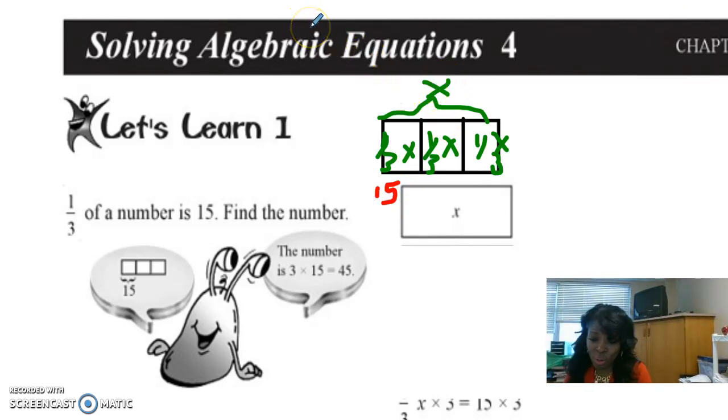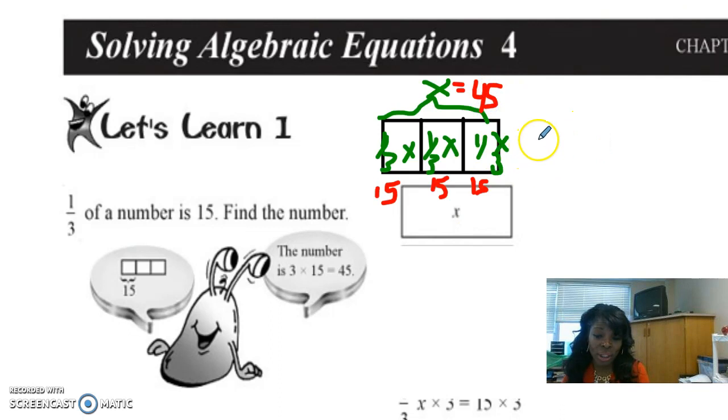And I bet you can tell me what that is. If 1/3 is 15, the next third is 15, and the next third is 15. So what would you say the value of X is? 30. 15 times 2, or 15 plus 15 is 30. And 30 plus 15 is what? I can hear some of you saying 45, and that is terrific.